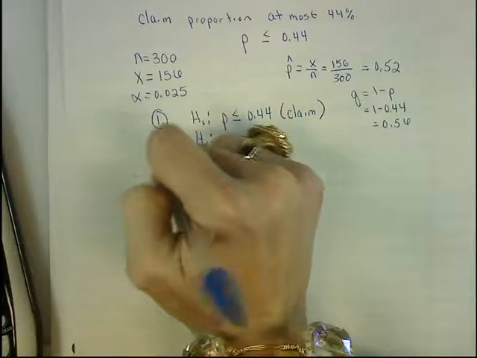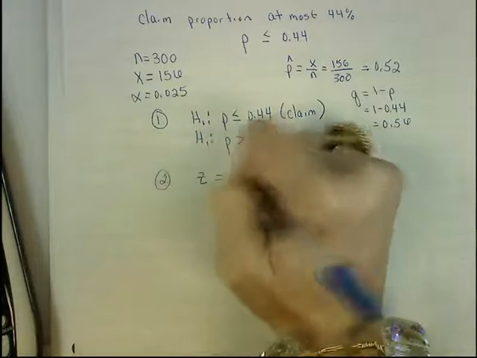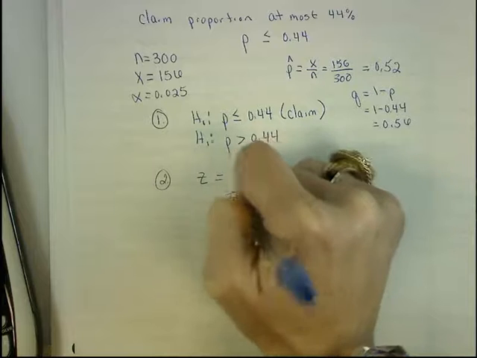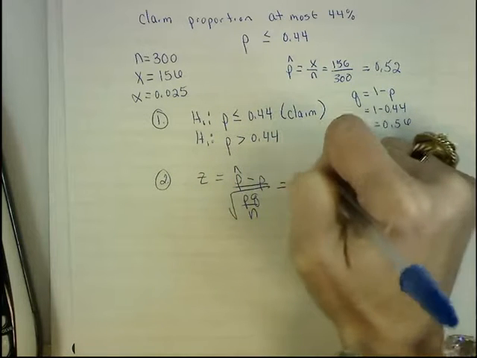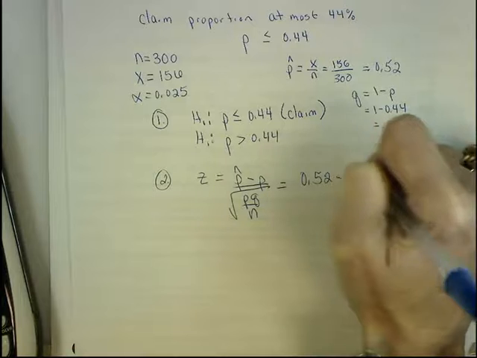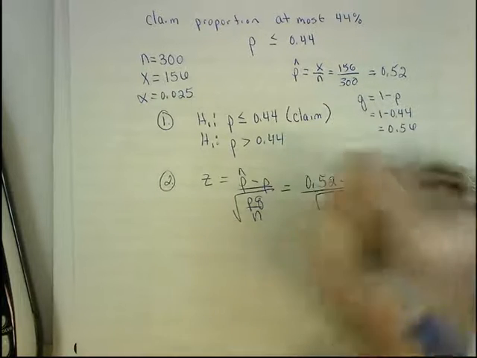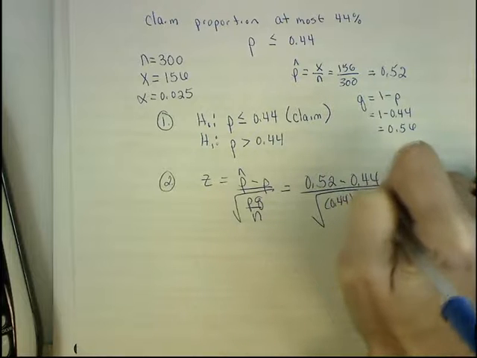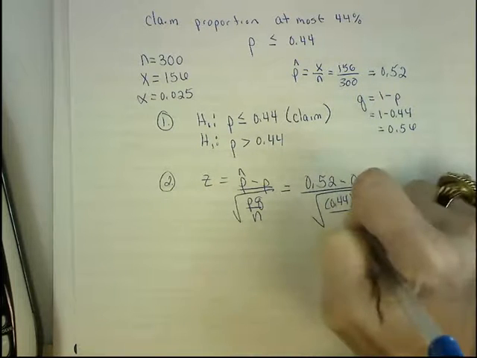Step 2 of p-value method is the test statistic. P hat minus P over the square root of P times Q over N. That's 0.52 minus 0.44, which is my claim, over the square root of my claim, 0.44 times Q, 0.56, over N, which is 300.